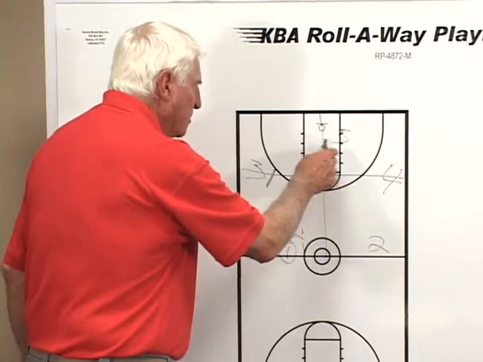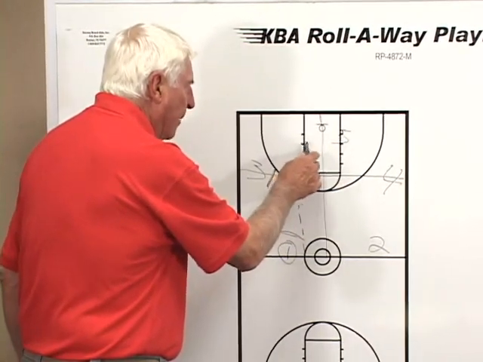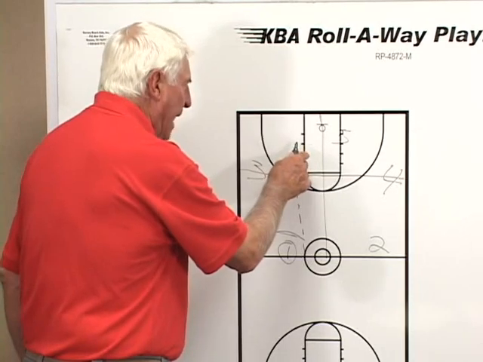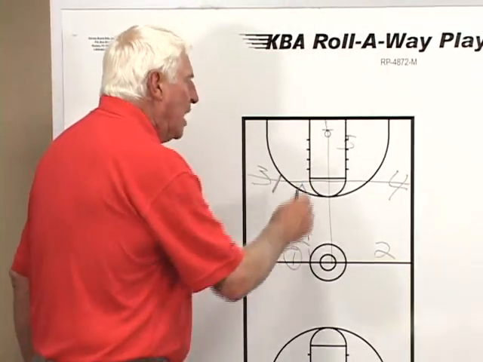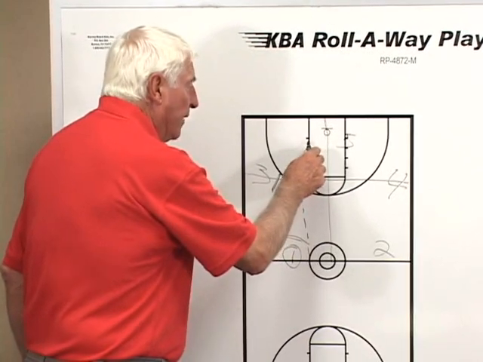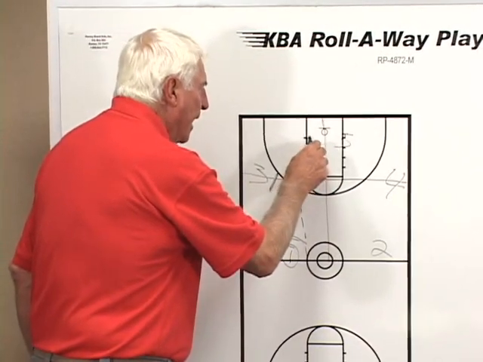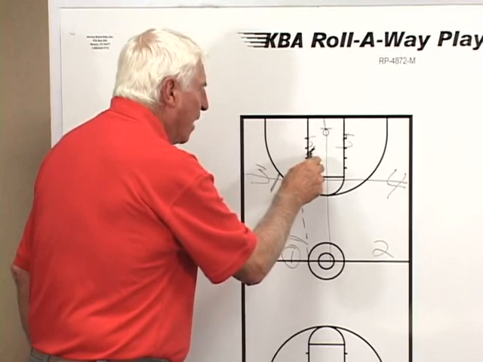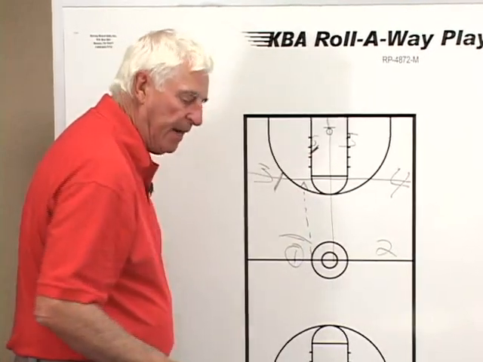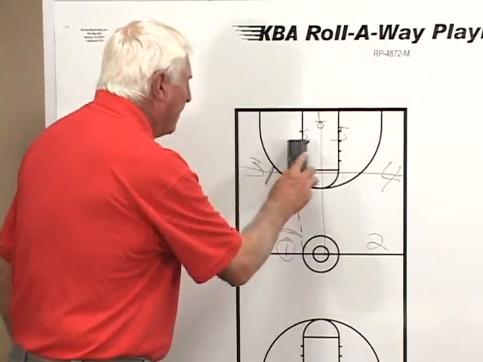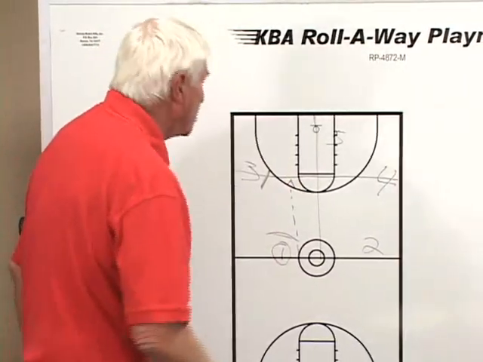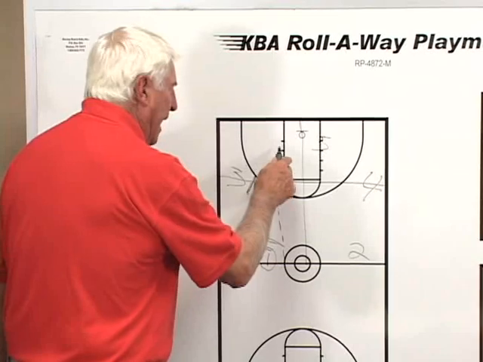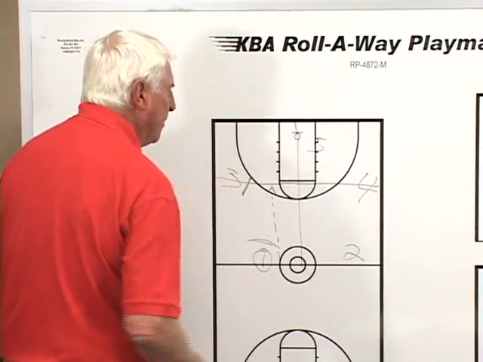If the postman comes across, we're trying to get above him, taking away any pass to him. In defending the post, I always try to say, don't give him an angle. That means if he's here and you get way up here trying to front him, you've given him a heck of an angle to the bucket. I found long ago that the most effective way to play a good postman is not giving him an angle. If he's here, you play behind him.